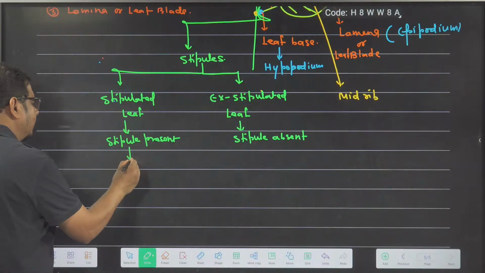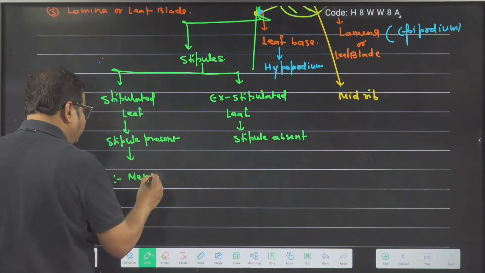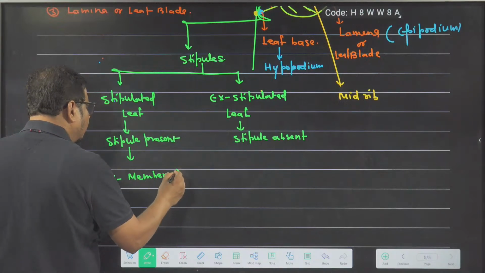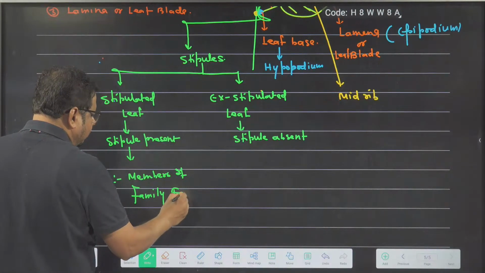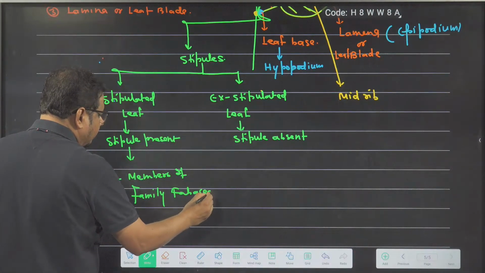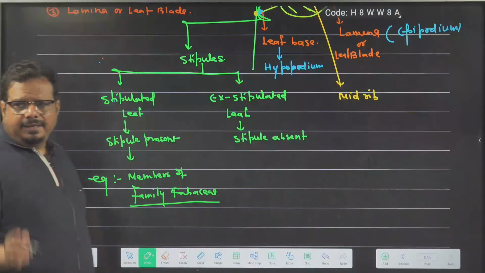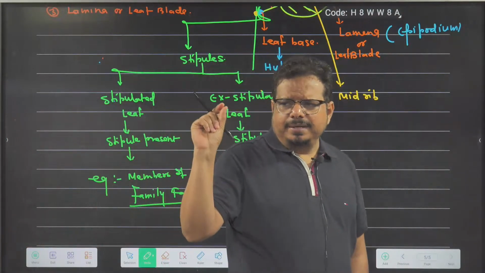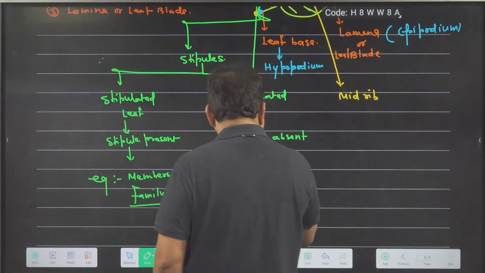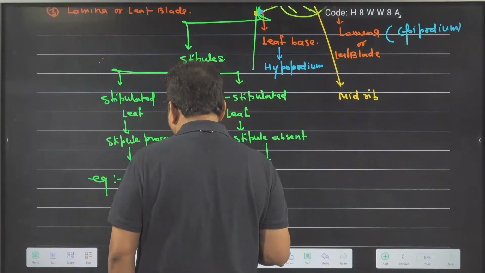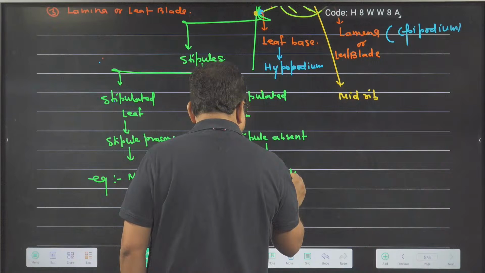As an example of a stipulated leaf, you can write members of family Fabaceae. If you see a Fabaceae plant, in its leaf you will find a small leaf-like structure arising from the leaf base, and that is called a stipulated leaf. And an ex-stipulated leaf is one where stipules are absent.